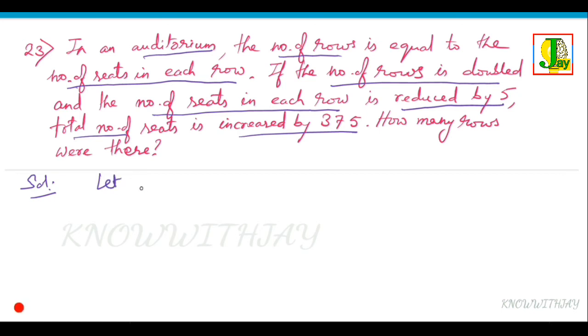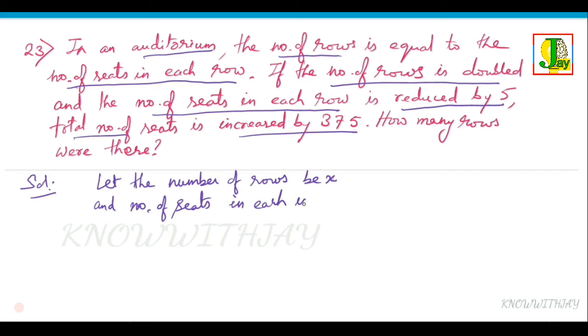Let us assume that the number of rows be x and the number of seats in each row is x. That is also x.